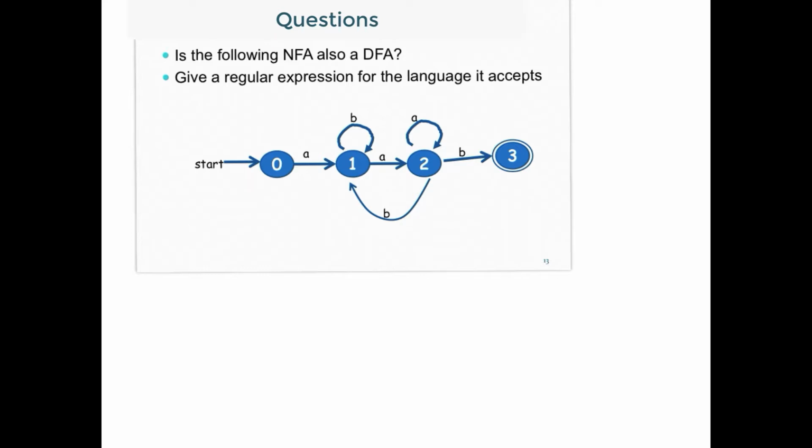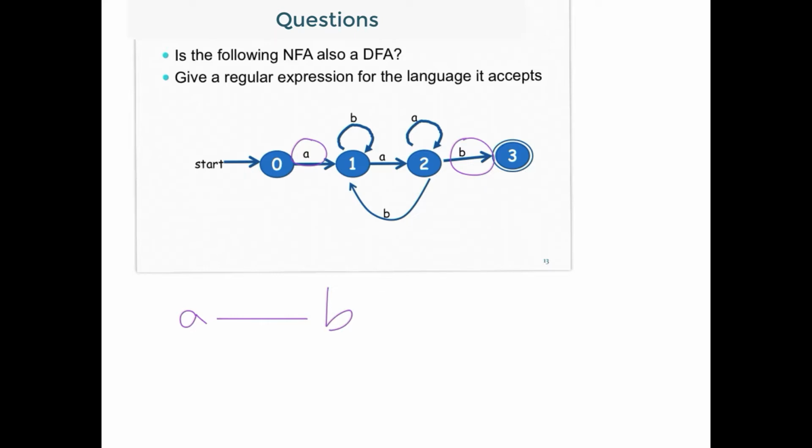Let's build this up slowly like we did with the other one. So we could start with an A, right? So this A, oh, in fact, you know what? It always has to start with an A, right? And it always has to end with a B.